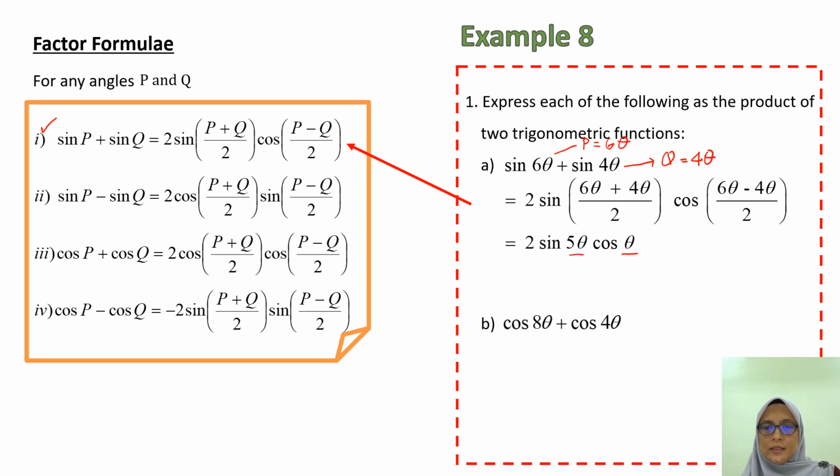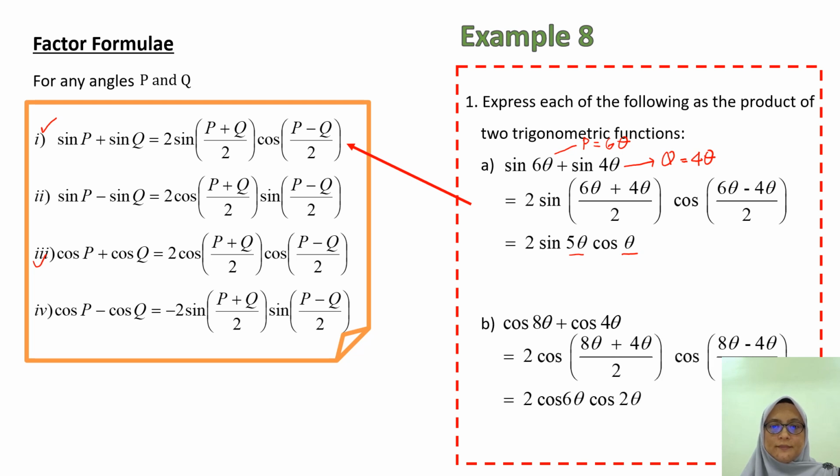Okay, then next is cos 8 theta plus cos 4 theta. So look at which factor formula is cos plus cos. Cos plus cos is the third formula. So same as before, now you have P is 8 theta and Q is 4 theta.